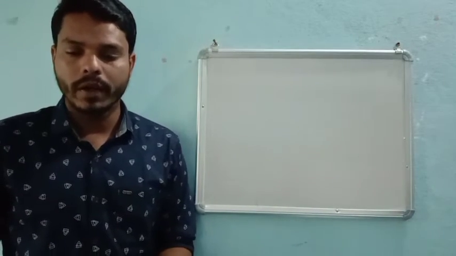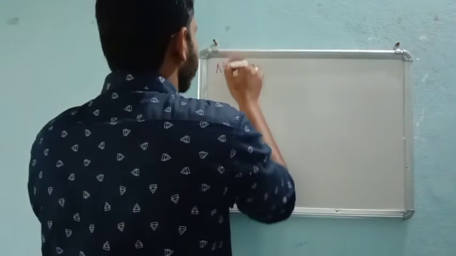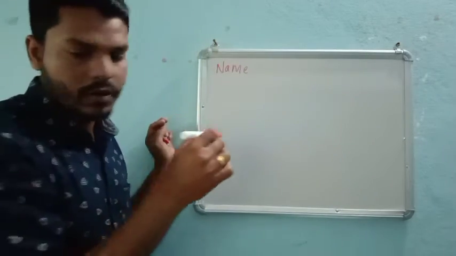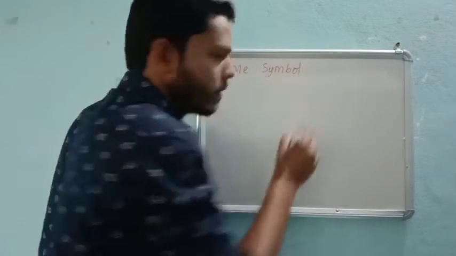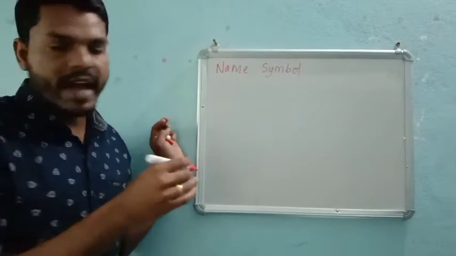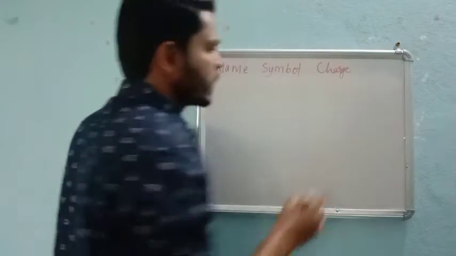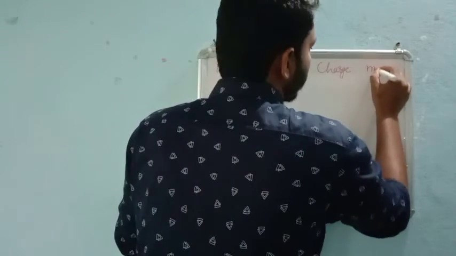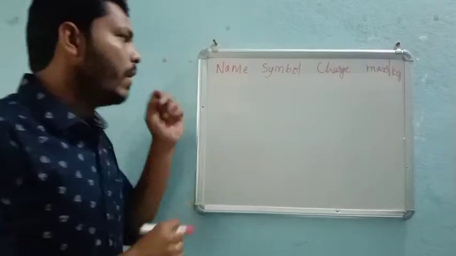You just go through it and then see: name, then symbol, and then charge, the absolute charge, and then mass, with mass in kg, not in gram, in kg.